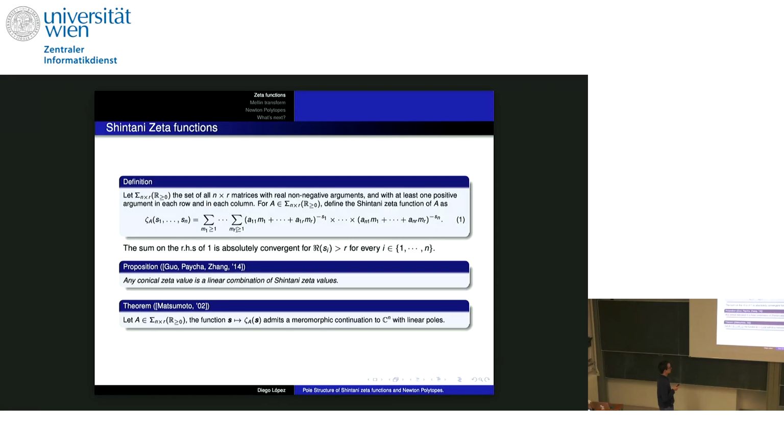The small a_ij are the arguments of the matrix A, and each of these parentheses is one of the rows of the matrix A, taking an inner product with the vector m, so m1 up to mr. This sum on the right-hand side is absolutely convergent whenever the real part of s_i, for each i, is bigger than r, being the number of columns of the matrix.